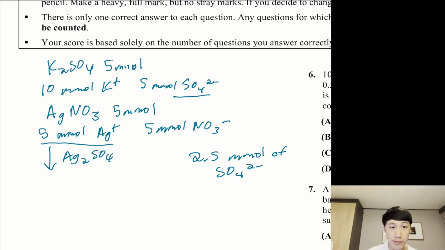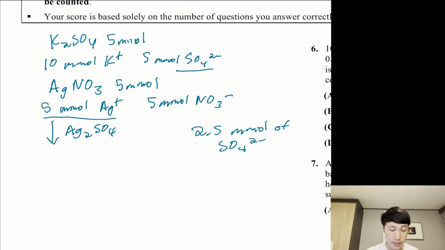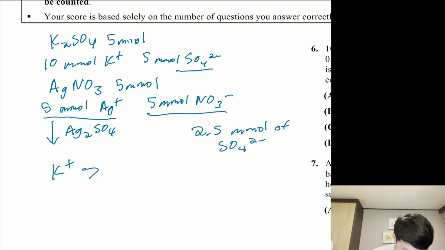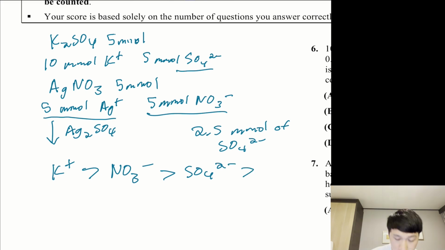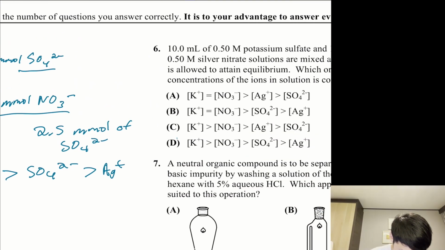So we'll have 0 silver ions and this amount of sulfate ions, and that gives us our final ordering. So clearly potassium is going to have the most, and then we're going to have our 5 millimoles of nitrate, NO3-, which is greater than our 2.5 millimoles of sulfate, SO4 2-, which is greater than our nearly 0 millimoles of Ag+. So let's look at our options, and that corresponds to D.